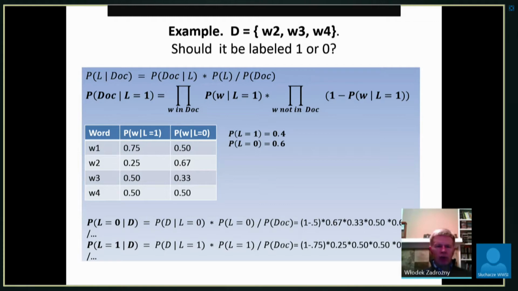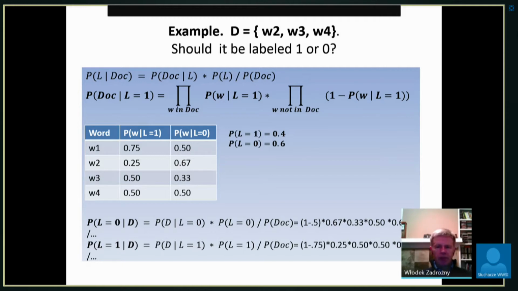So at the bottom of the slide, we have partly computed the probability of giving label 0 and giving label 1 to the document D consisting of words 2, 3, and 4. All right?